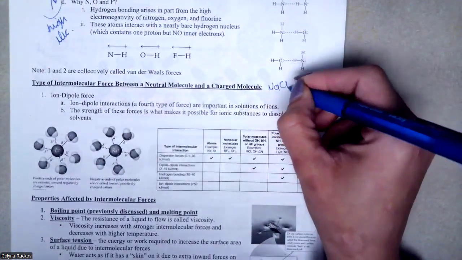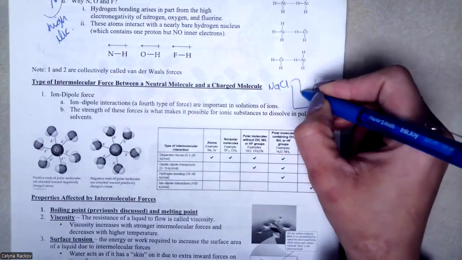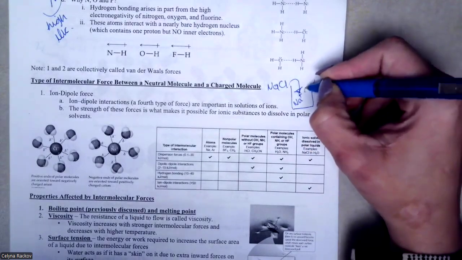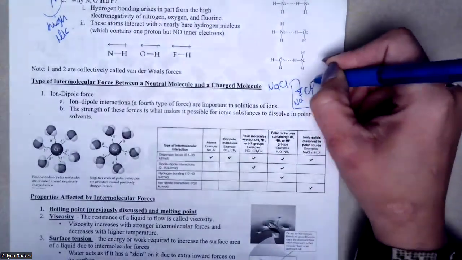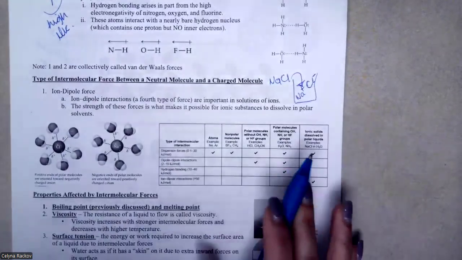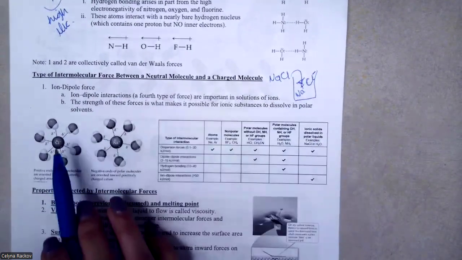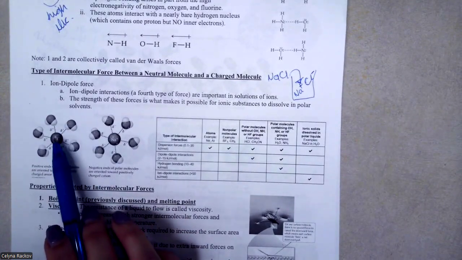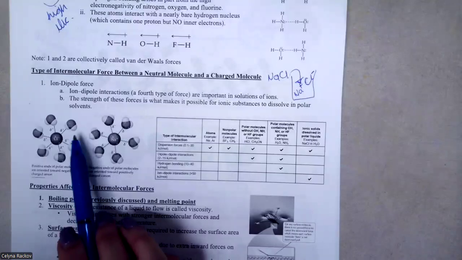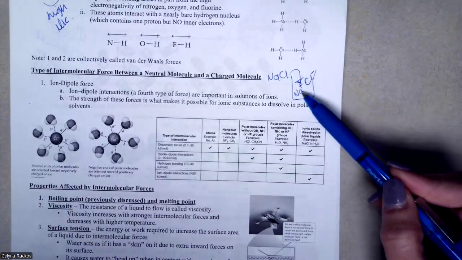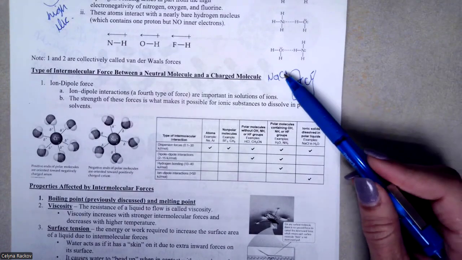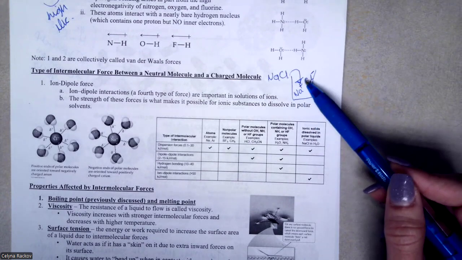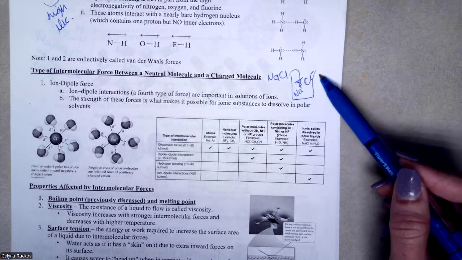When you dissolve sodium chloride in water, it will dissociate into Na+ and Cl-. Why do they dissociate? Because the interactions between the sodium ion and water, and the chloride ion and water, are stronger than the interaction between sodium and chloride. That's why when sodium chloride is in water, it dissociates into Na+ and Cl-.